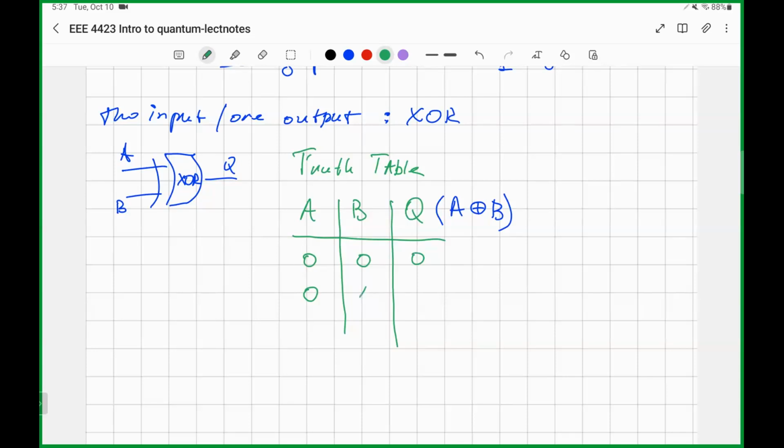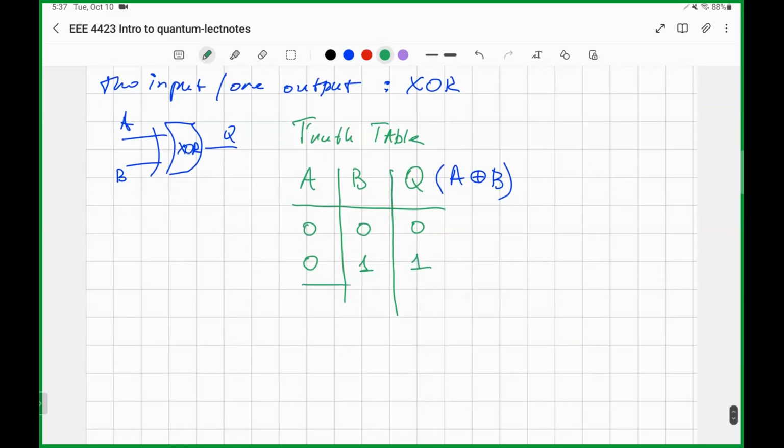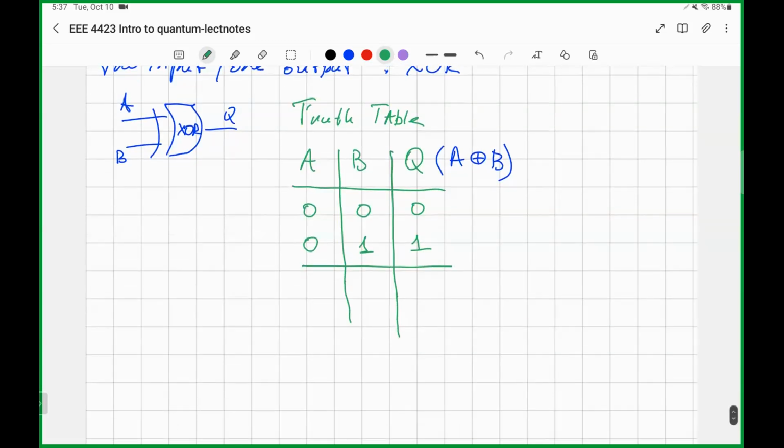If B is 1, then Q is equal to 1. However, if the first input is 1, then the state of the second one is flipped.